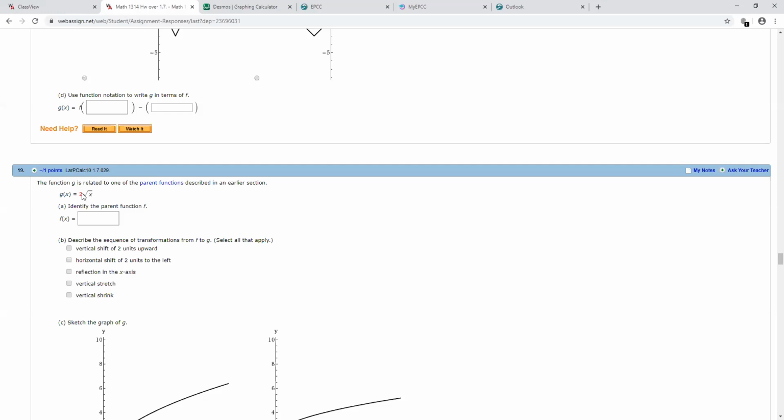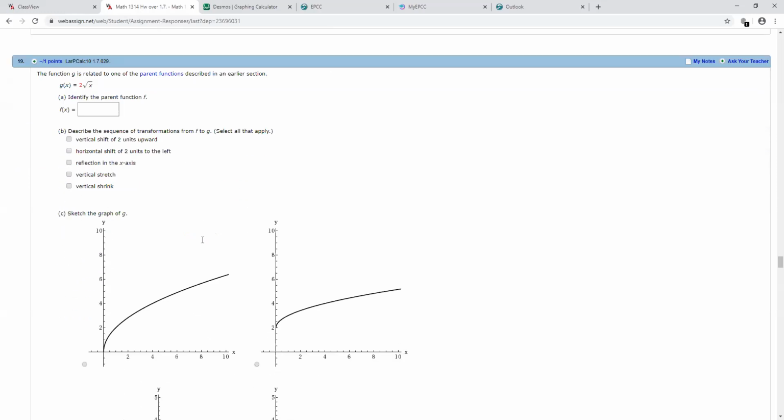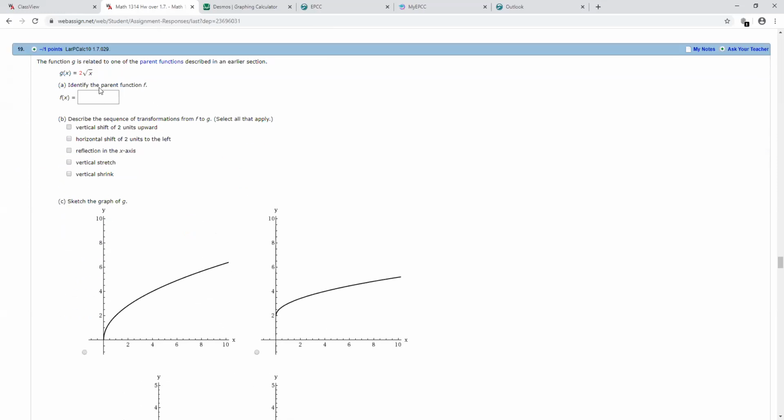When it's multiplied outside, that's when it's going to take the points of the basic square root function, and whatever the distance is to the x-axis, it's going to stretch it away from the x-axis or shrink or compress it closer to the x-axis. That's when we multiply the entire original parent function by a number, but on the outside of the function, not inside.